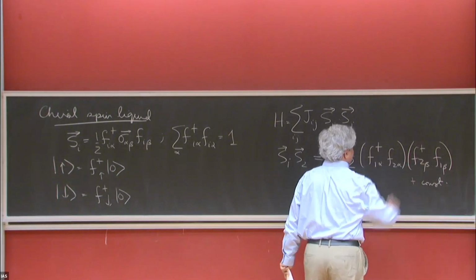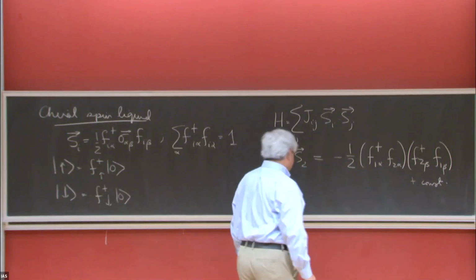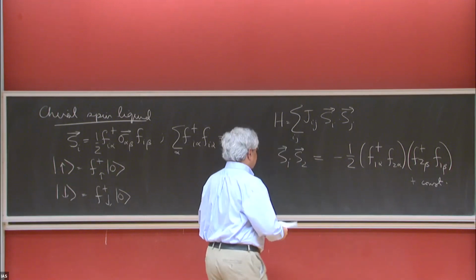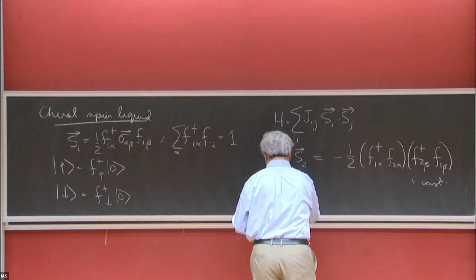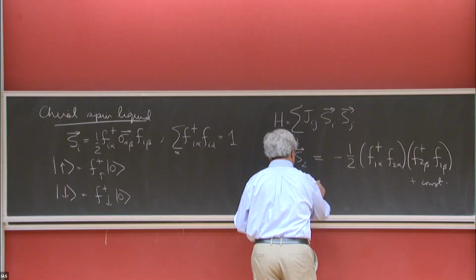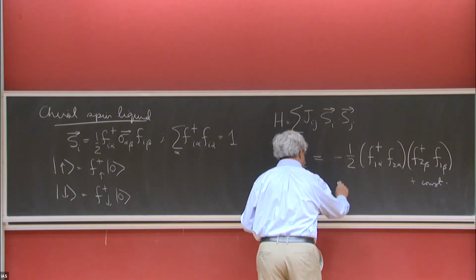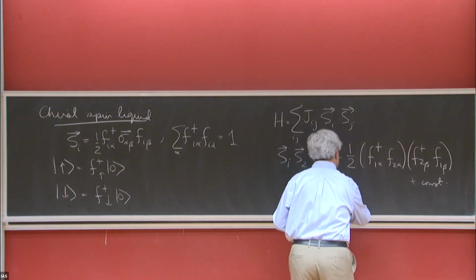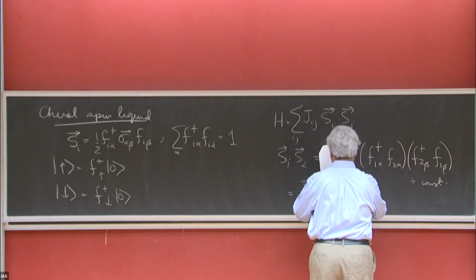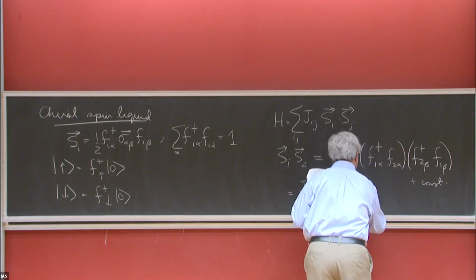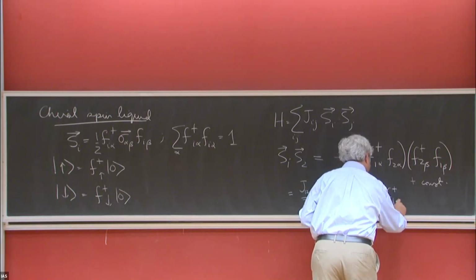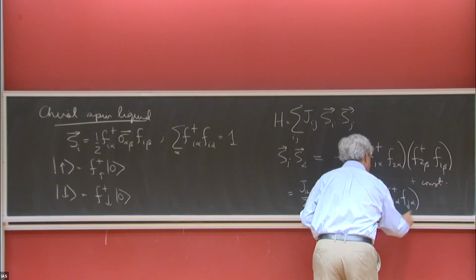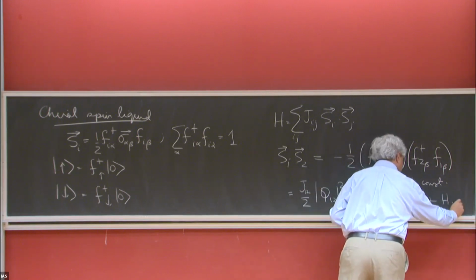All right, so now you've got this interaction, and I'm going to decouple it by the usual tricks. I'm going to write this by Hubbard-Stratonovich transformation as J12 over 2 times |Q12| squared minus Qij F dagger i alpha Fj alpha plus some quantity.